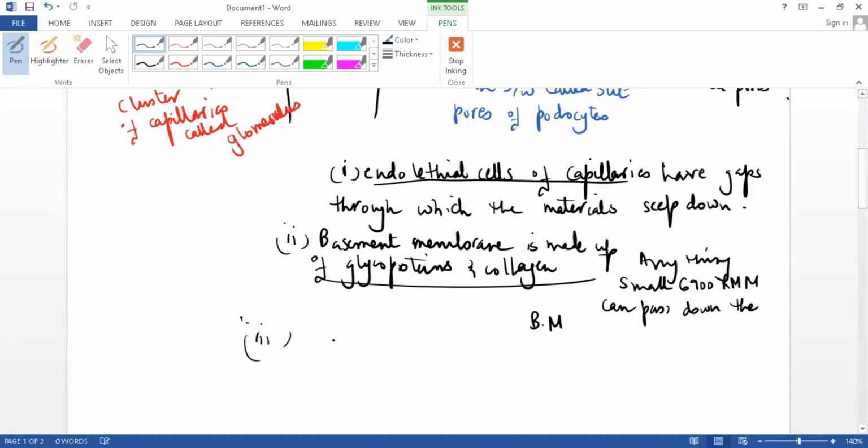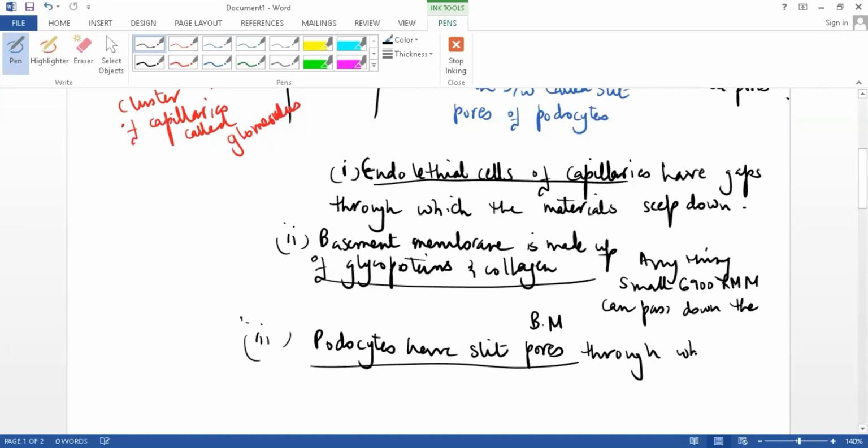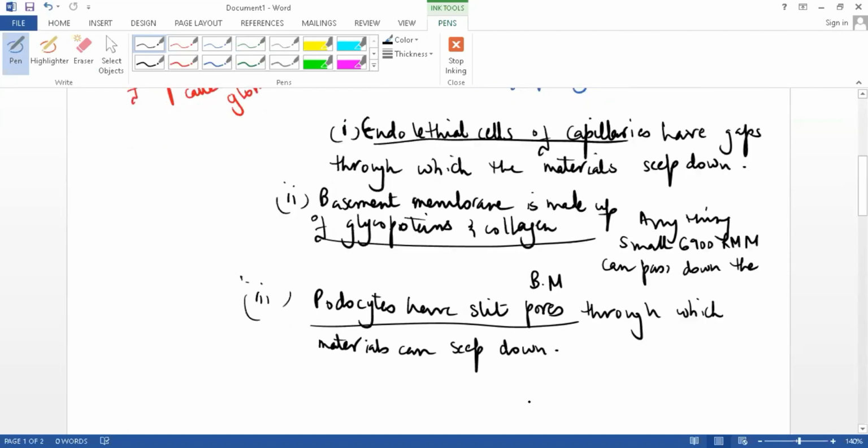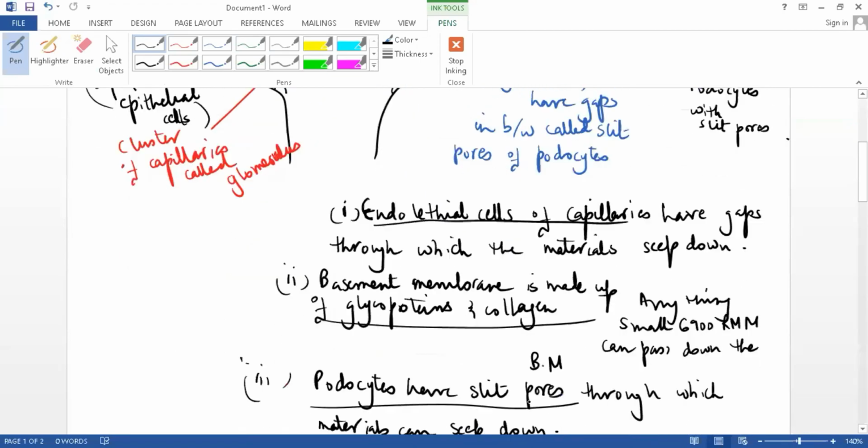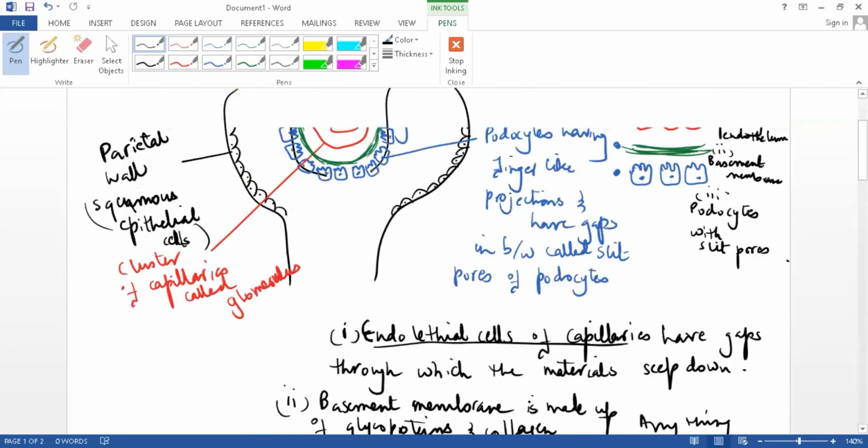Third barrier is of the podocytes, which is, again, just like these two, not a very good barrier because they have slit pores through which materials can seep down easily.